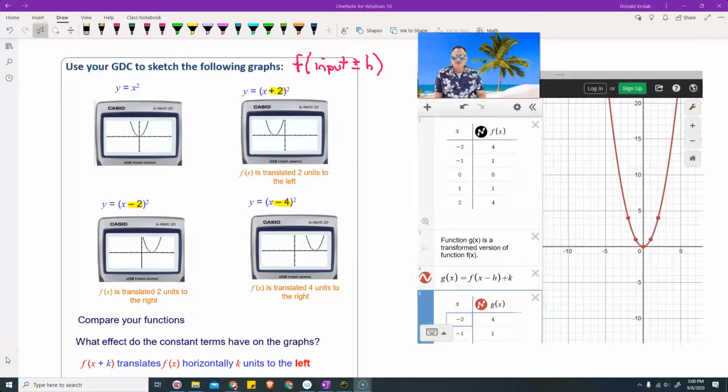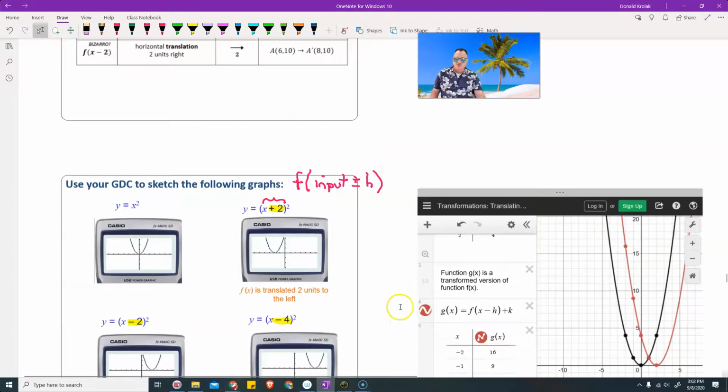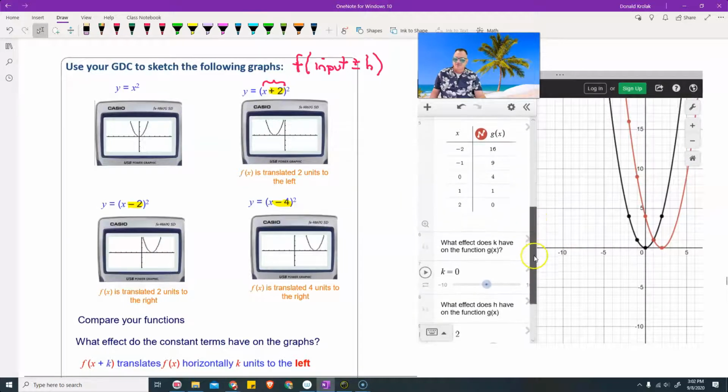Okay, so here are my 2 graphs again, just the parabola x squared. And now I want to create the equation that looks like x plus 2. So in order to do that, if you look at the form of this equation, it is x minus h. So in order to make that look like a plus 2, I actually have to make h negative.